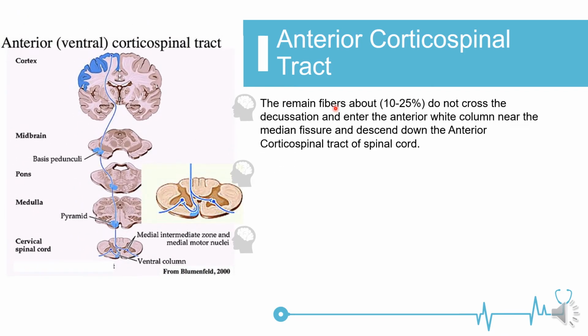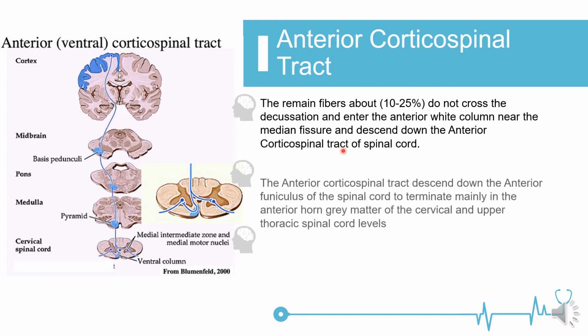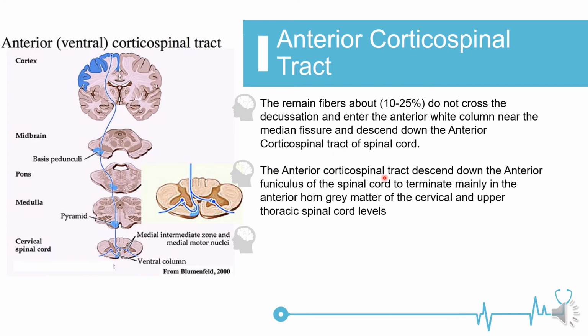So, the anterior corticospinal tract consists of the remaining fibers, about 10 to 25%, that do not cross during the decussation and enter the anterior white column near the median fissure and descend as the anterior corticospinal tract. It descends down the anterior funiculus of the spinal cord to terminate mainly in the anterior horn gray matter of the cervical and upper thoracic spinal cord levels.